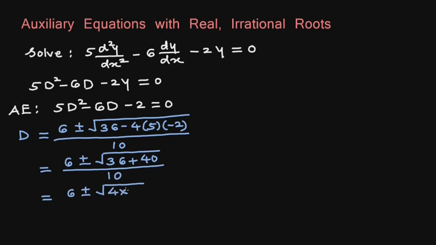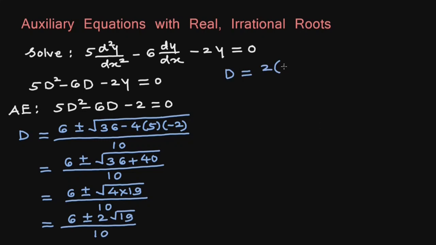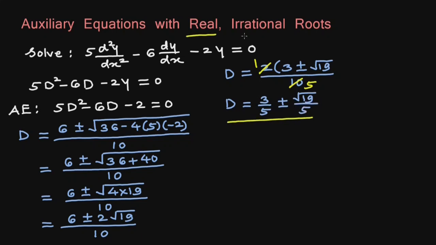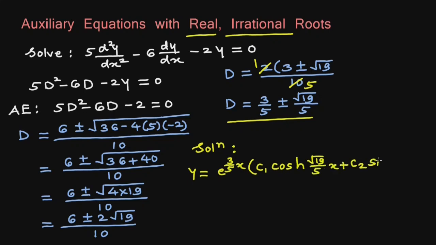We write 76 as 4 into 19, upon 10, so 6 plus minus 2 square root 19 upon 10. D is 2 into 3 plus minus square root 19 upon 10. So finally D is 3 upon 5 plus minus square root 19 upon 5. The roots here are real irrational type. The solution of the equation will be y equals e raised to 3 upon 5 x into c1 cos h root 19 upon 5 x plus c2 sin h root 19 upon 5 x.